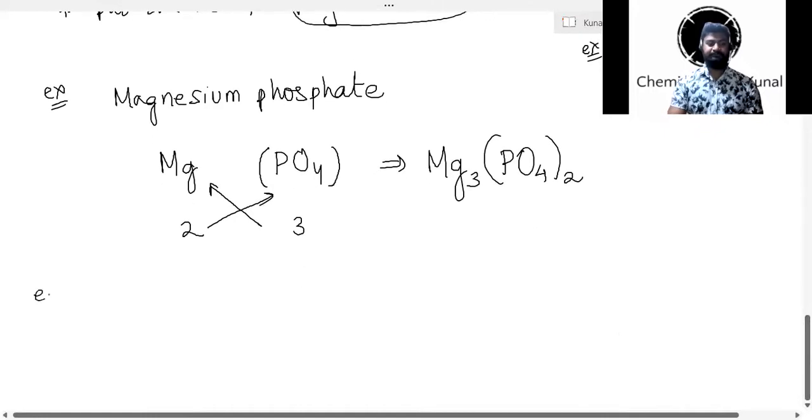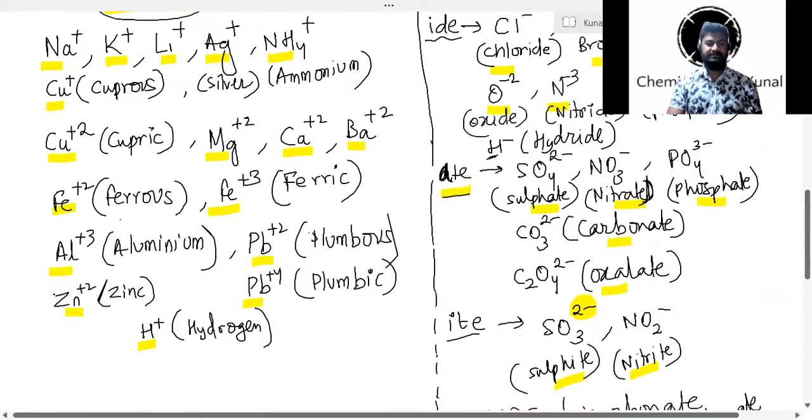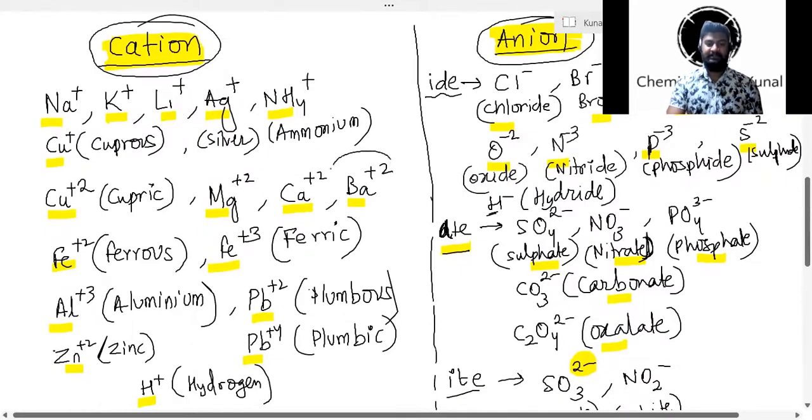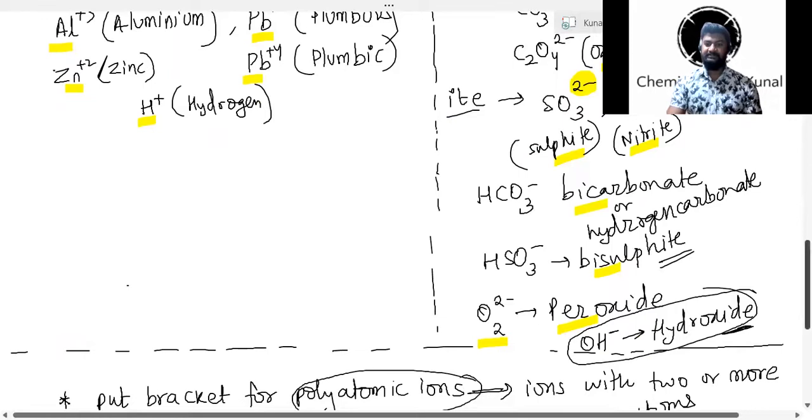Another example. Suppose someone asks you to write the formula of barium hydroxide. How exactly do we do it? What's barium? You can go up and see the charge. Barium was Ba2 plus. I must have listed it somewhere here. Yes, here it is. And where is hydroxide? Here, OH minus.